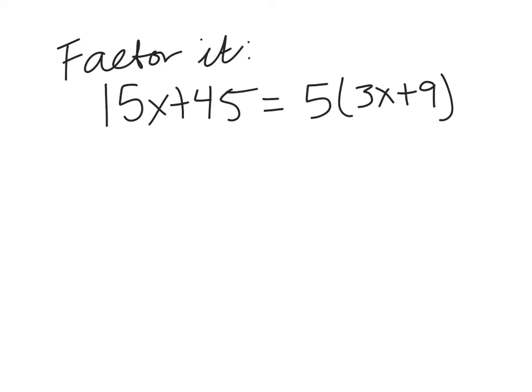That's good, but even better would be 15 times x plus 3. They're both correct, but this one is even better because it's more factored. We have bigger factors pulled out. We just don't want to go so far that we have decimals. That wouldn't work. We need to always have whole numbers.